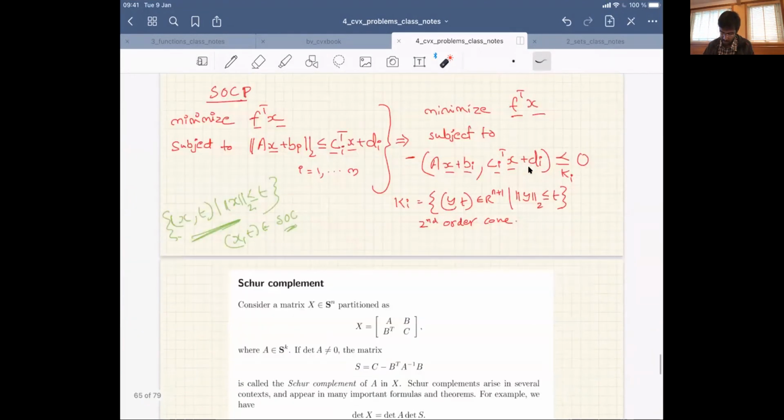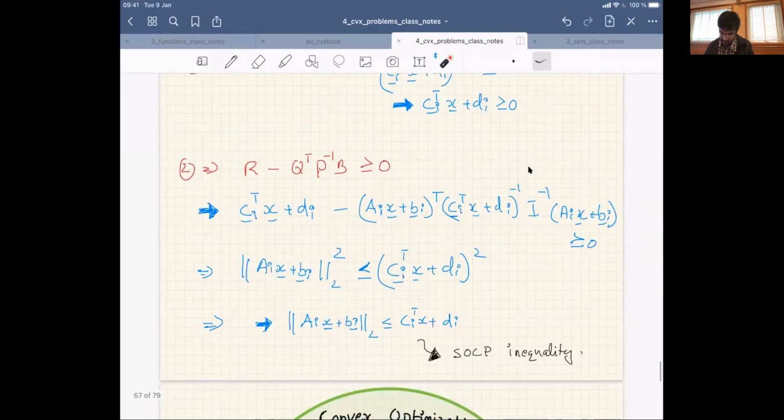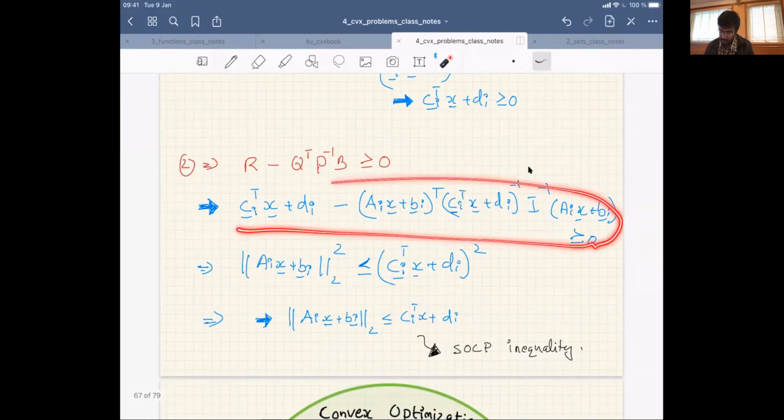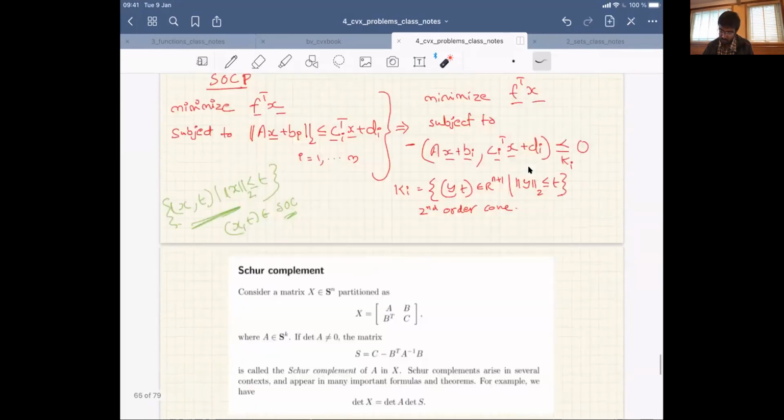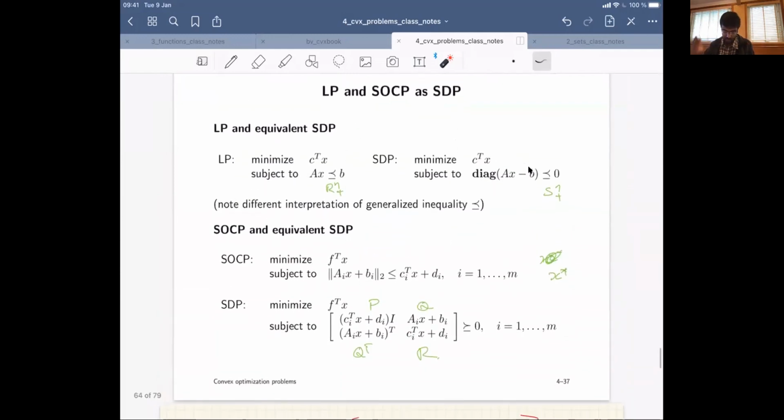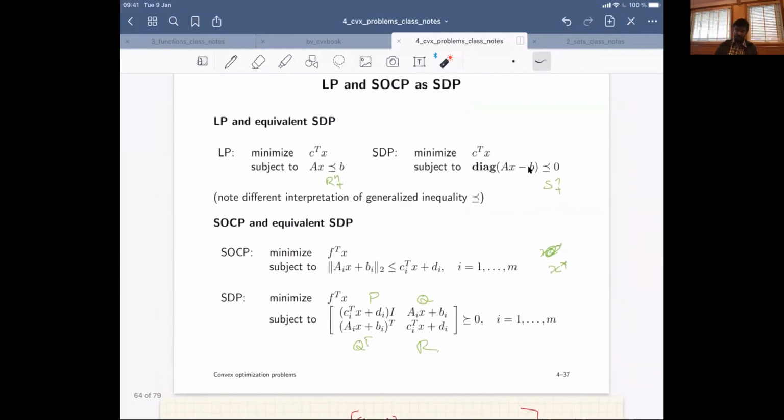Then you can evaluate that and simplify and get this. Remove the square from both sides, then you will get this. This is basically our SOCP inequality. So we show that an LP and SOCP can be equivalently represented, or fit into, an SDP framework.